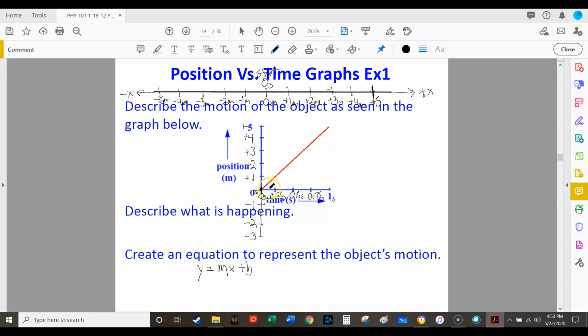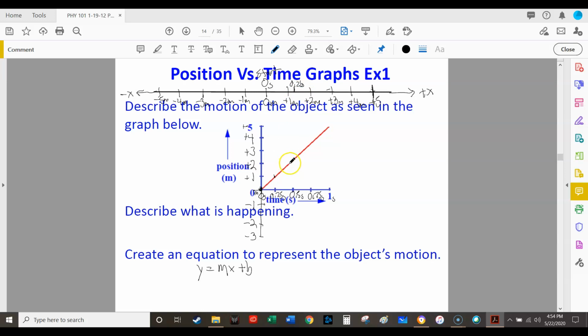At time 0.25 seconds, it looks like it might be pretty close to the 1 meter mark. Right? Maybe a little bit over that. I'm not sure. So I'm going to say this is at the 0.25 second mark. It's right here, just a little bit over that.